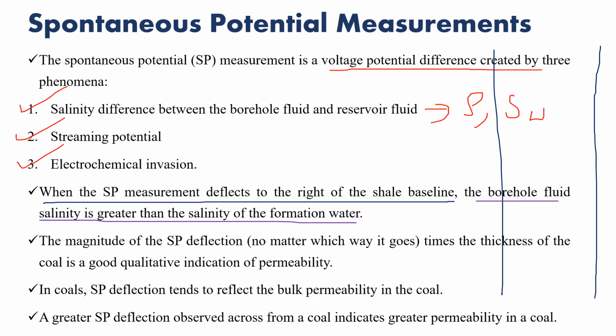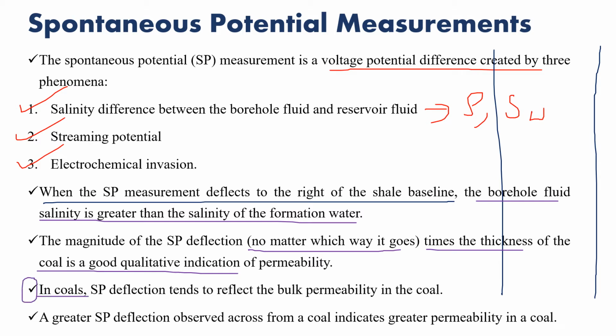The magnitude of SP deflection, no matter which way it goes, times the thickness of the coal is a good qualitative indication of permeability. Qualitative is very appropriate here. So this is an important point for us.